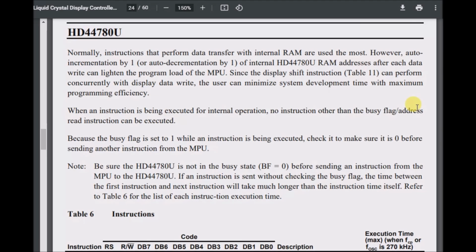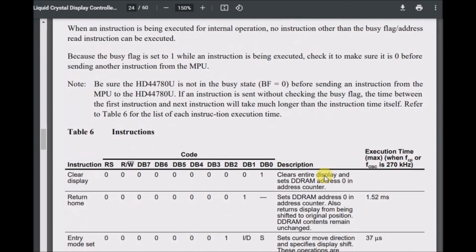Be sure the HD44780U is not in the busy state, BF equals 0, before sending an instruction from the MPU to the HD44780U. If an instruction is sent without checking the busy flag, the time between the first instruction and next instruction will take much longer than the instruction time itself. Refer to Table 6 for the list of each instruction execution time.